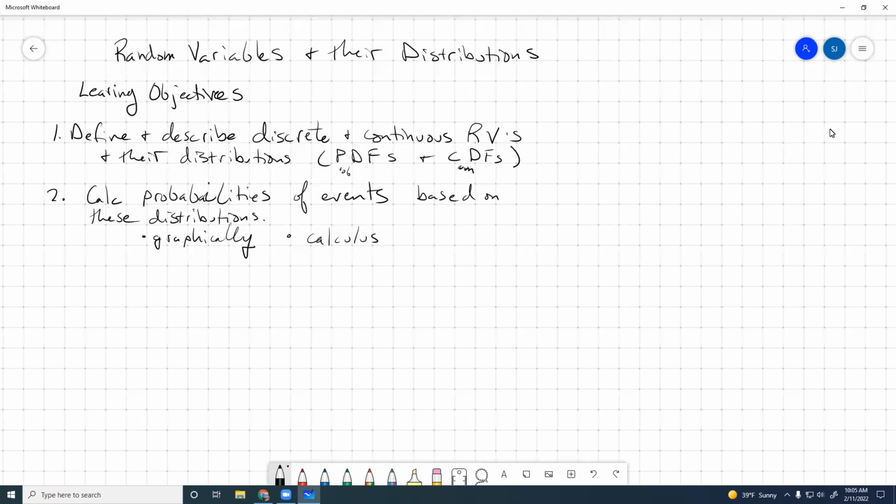And so we're first going to start with our discrete random variables. And we'll say X is an RV, a random variable. And this is just some particular outcome.